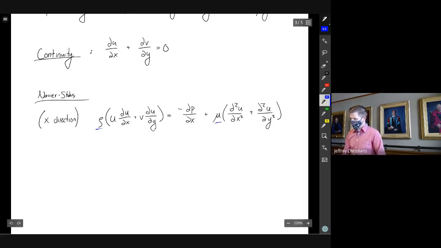Viscosity shows up right there. Size is important. We see x's and y's show up there. Velocities are important. We see u and v show up in the equation. So the important parameters are the things that show up in the physics.